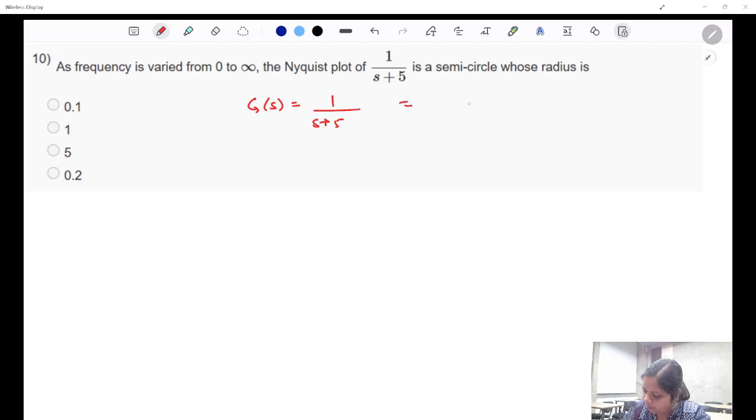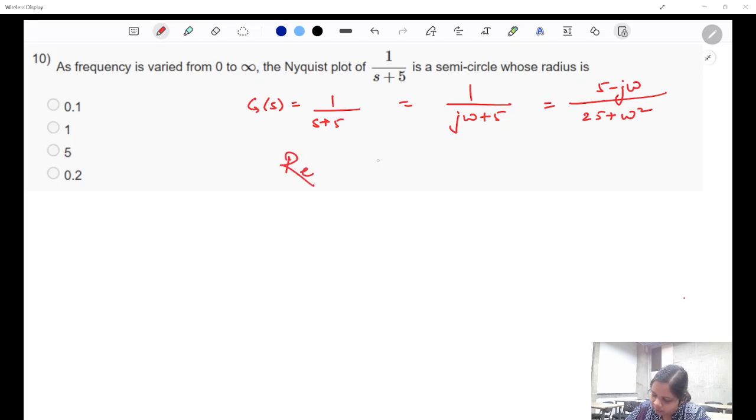It can be written as 1 upon j omega plus 5. In the same way, if we take the conjugate and multiply, it would be 25 plus omega square. Now let's find out what the real part and the imaginary part are, as omega is 0 and omega is infinity.